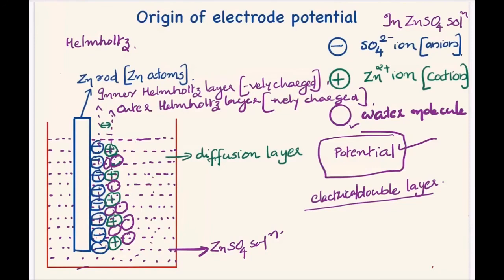You can also identify that the potential in this area will be higher compared to the potential in the diffusion layer, because the diffusion layer contains a lower concentration of zinc ions and sulfate ions. Rather, in this inner and outer Helmholtz layer, the concentration of the charges is high.